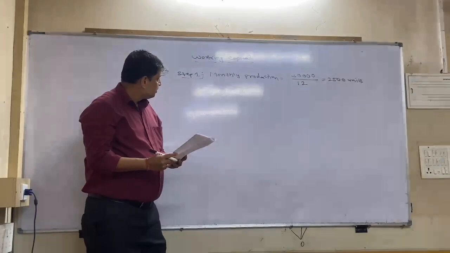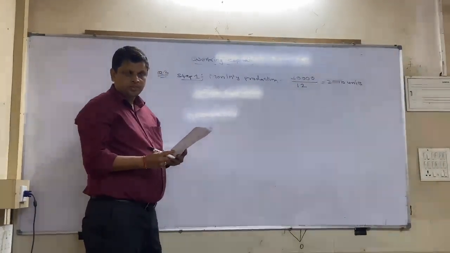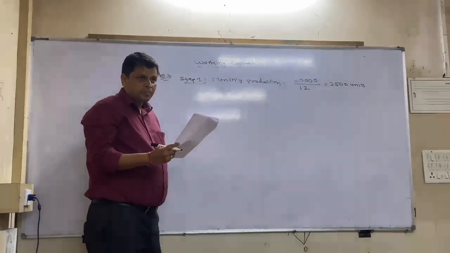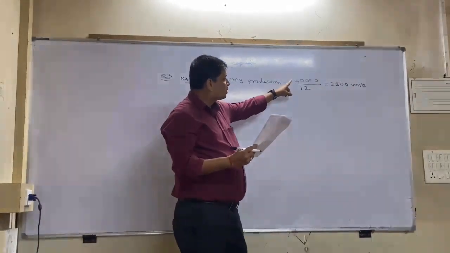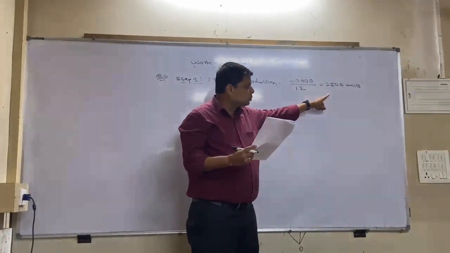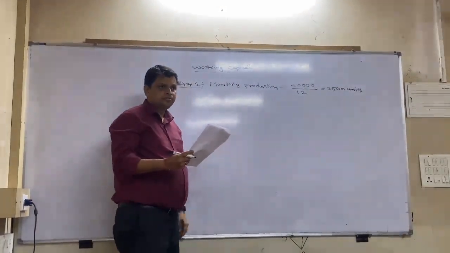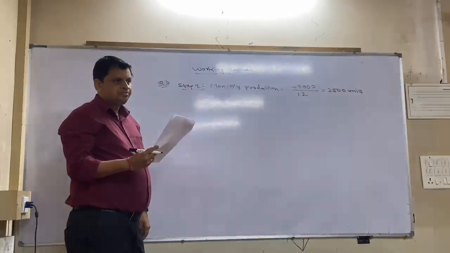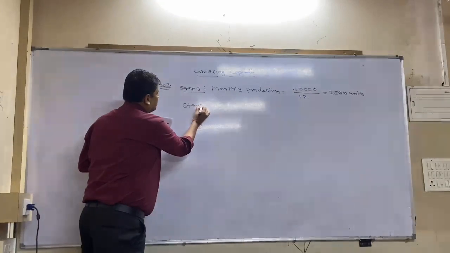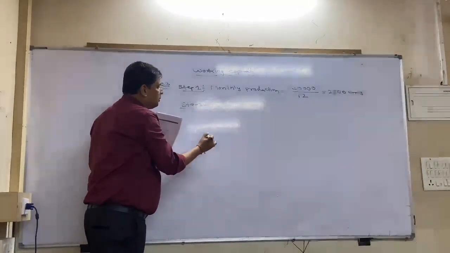Please write down. Step number 1 we have done. Since the information is given in months, what we have done in step number 1: total production of the year is 30,000 units. We have divided by 12 months, so the answer is 2,500 units. After this, step number 2. What do we do in step number 2?